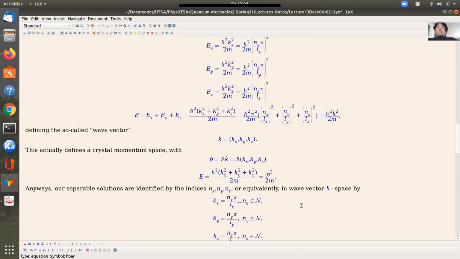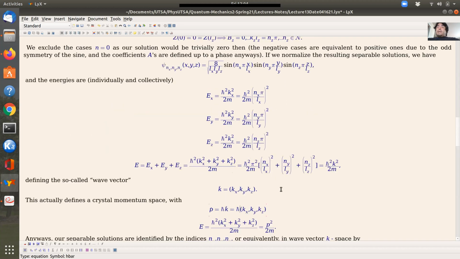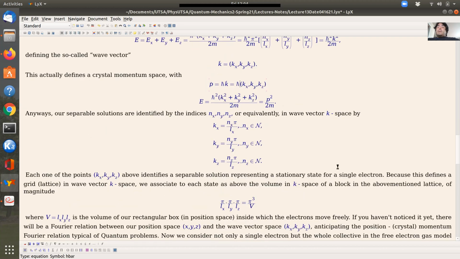So we have separable solutions, which are identified by the indices nx, ny and nz, and equivalently in wave vector k space by kx, ky, and kz, which is a rephrasal of what we have found before.